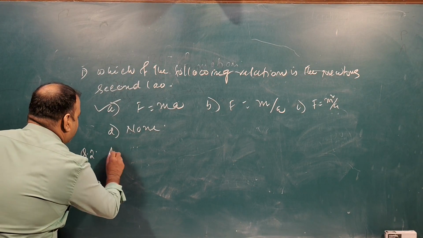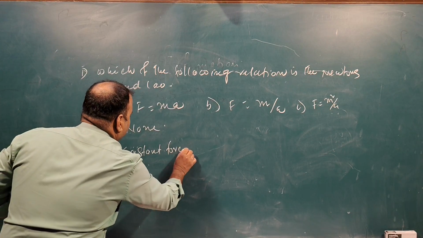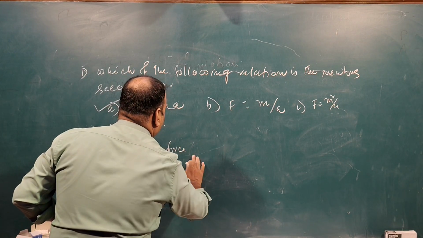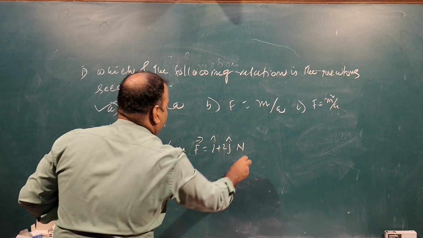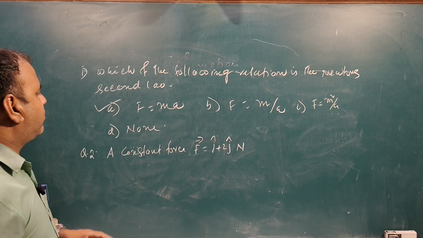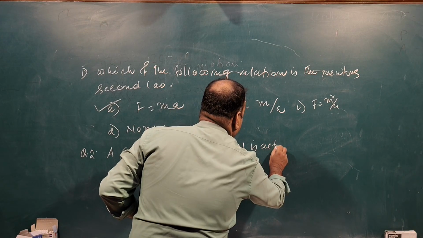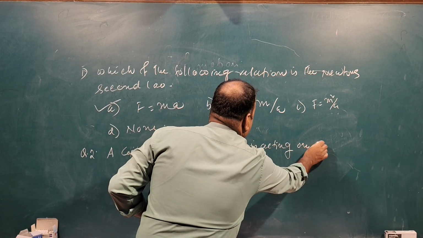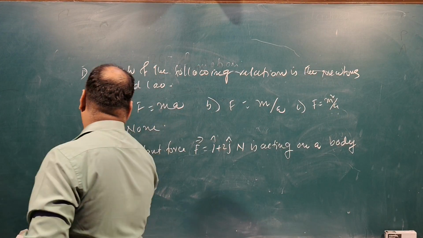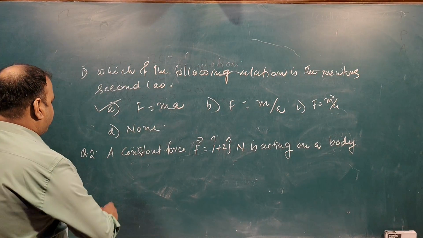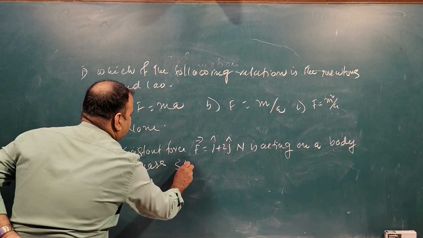Now see question number 2. Suppose a constant force F is equal to i cap plus 2 j cap Newton is acting on a body of mass 3 kg.